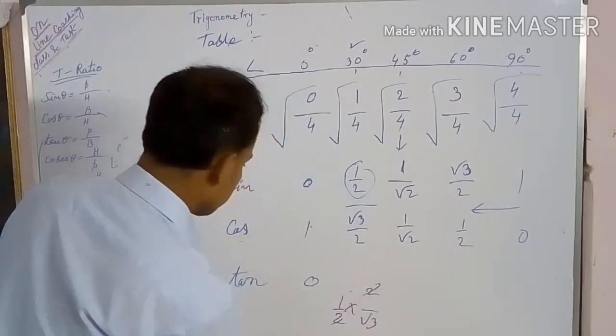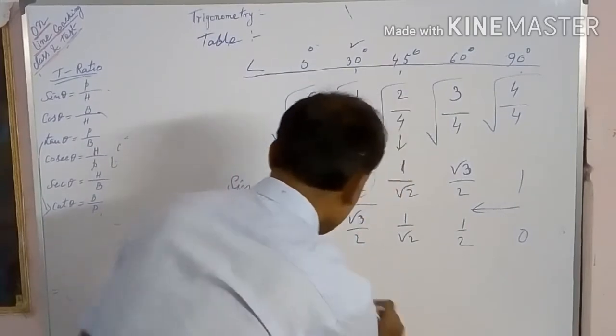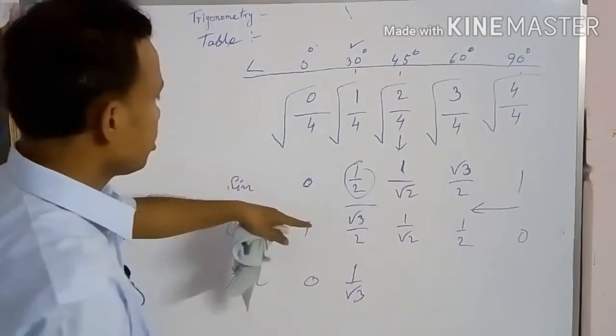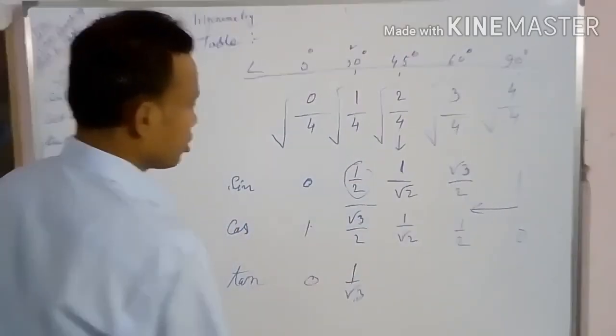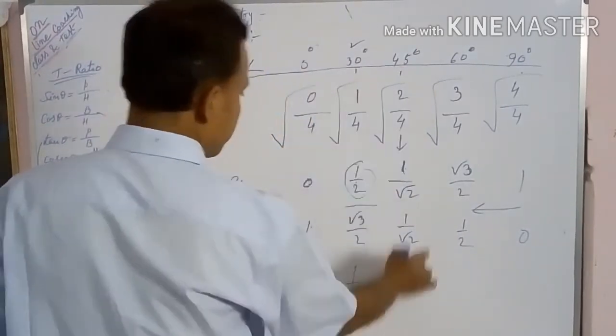The 2s cancel out, so that is 1 by root 3. If you divide this by this, it is equal to 1. Tan 45 is 1.